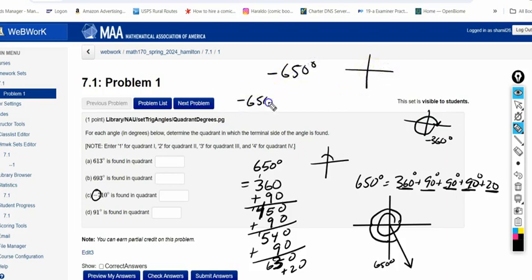So we would do negative 360, a further 90 in the negative direction, a further 90 in the negative direction, a further 90 in the negative direction, then a further 20 in the negative direction.